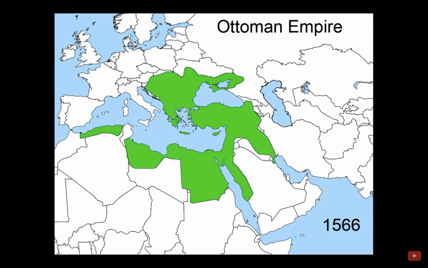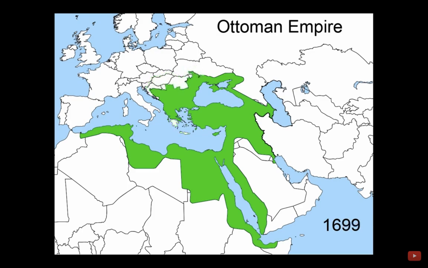So you can see basically by this point it's conquered what much of the other Muslim groups have conquered as well. Continues to spread. You see some different movements here where they've lost different ground. 1774, so pretty close to the United States becoming a country.